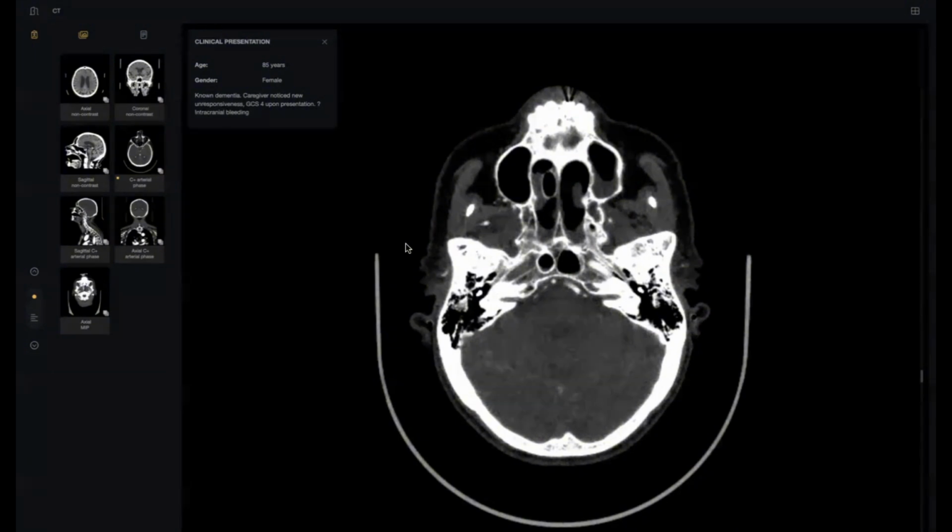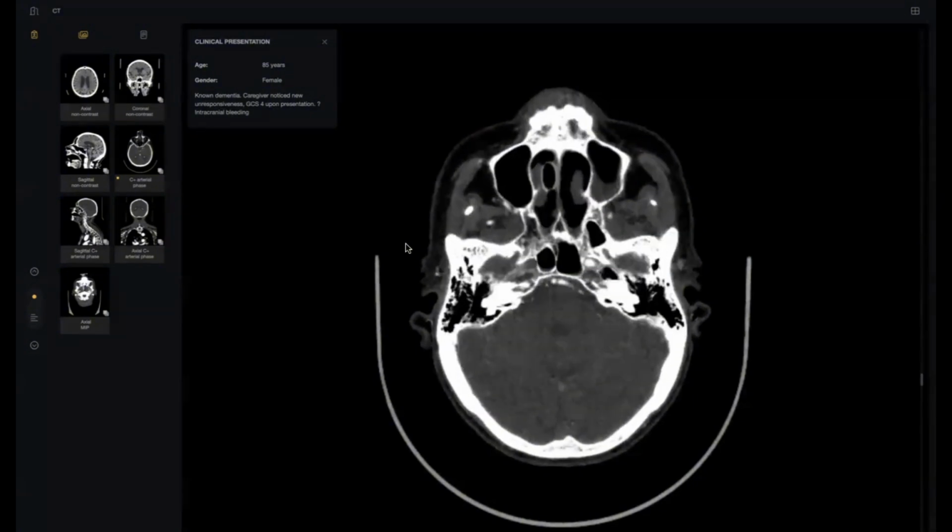Look at this slice. This is a basilar artery, and there is a left branching artery seen. Look again, doctor. Don't worry about the basilar. The basilar is good. What else?